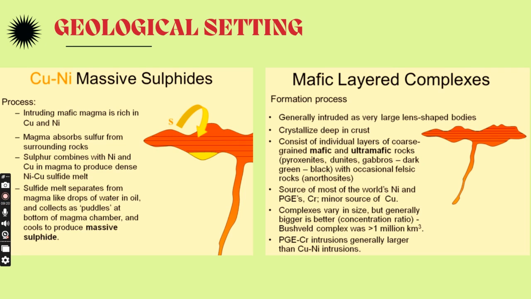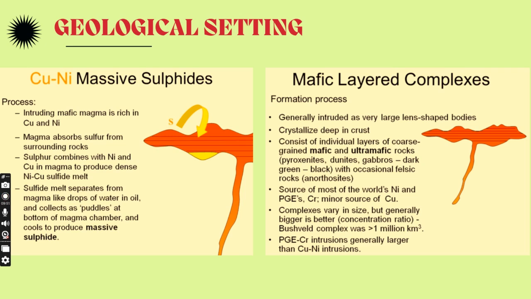Mostly when magma comes up through the surrounding rock, the magma absorbs sulfur, like pyrite. Whenever the country rock comprises pyrite, that pyrite will be assimilated with the magma, and in turn the magma's sulfur content will increase, and that sulfur within the magma system will be separated.